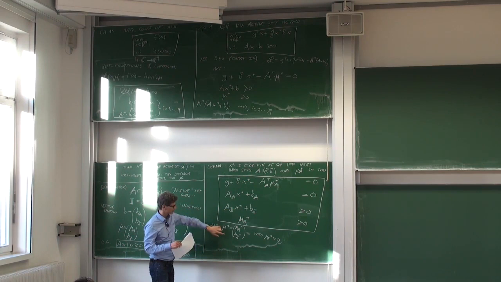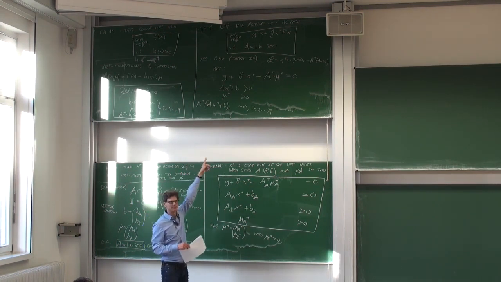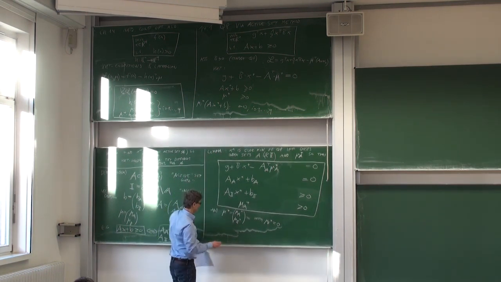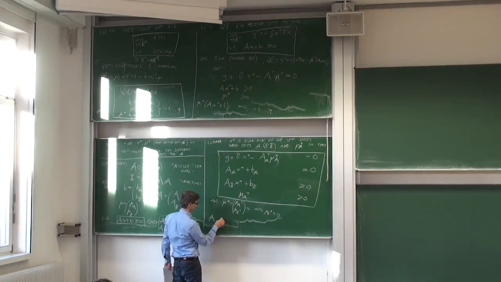And the other way around, if I have such a set A and it satisfies these conditions, then I can extend my multiplier vector with this, and I will have found a point that satisfies these conditions. Maybe I should say what the set A is.